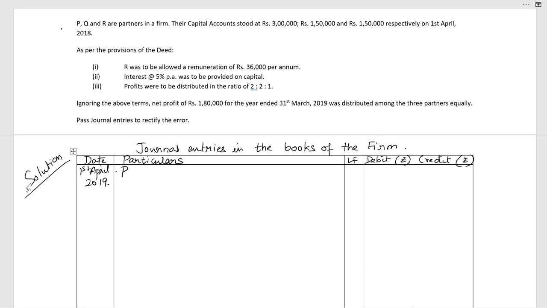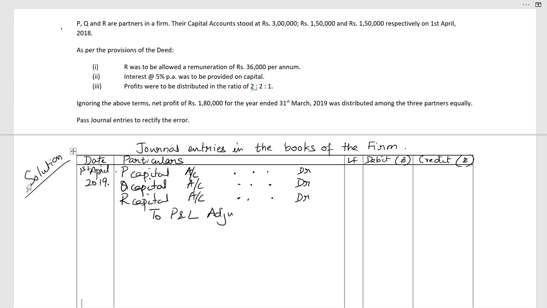So P capital account debit, Q capital account debit, R capital account debit to profit and loss adjustment account.